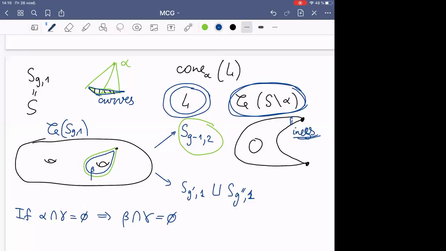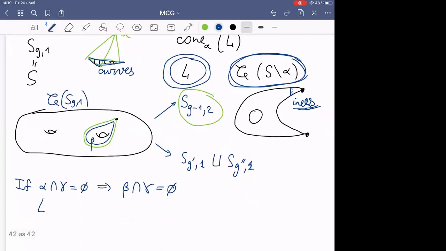And so actually, in this situation, this complex L is itself a cone with apex beta, and so is contractible.